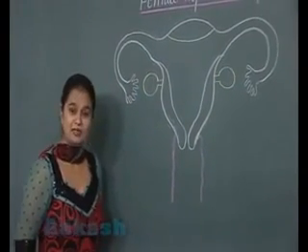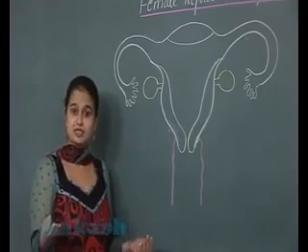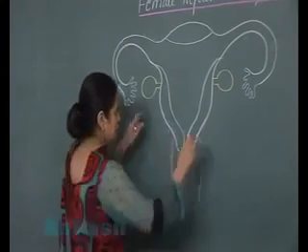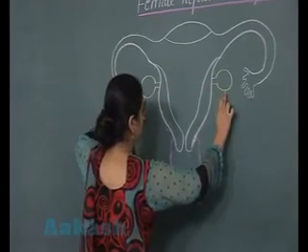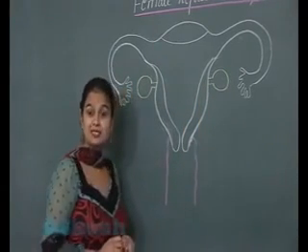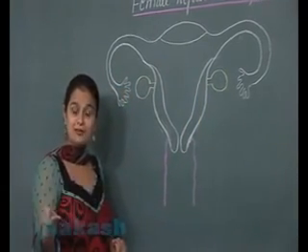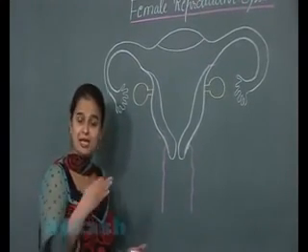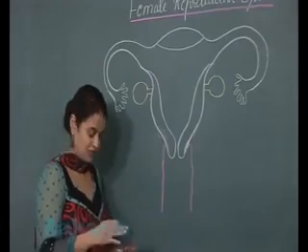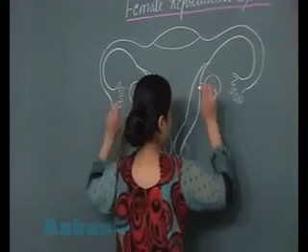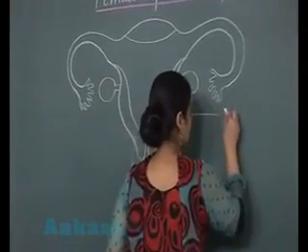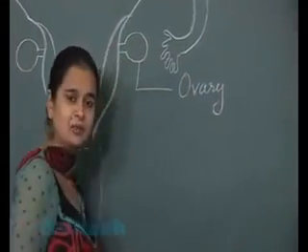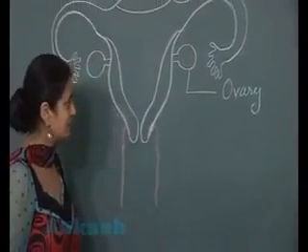Now this is the female reproductive system, which consists of the primary and the secondary sex organs. These structures which I have formed here represent the primary sex organs, which in the female reproductive system are represented by a pair of ovaries.